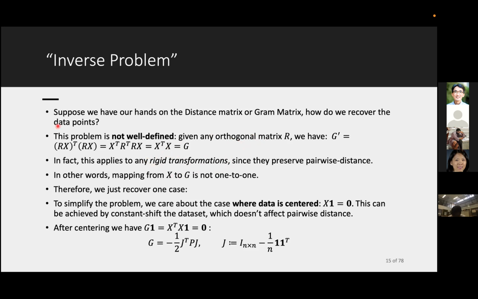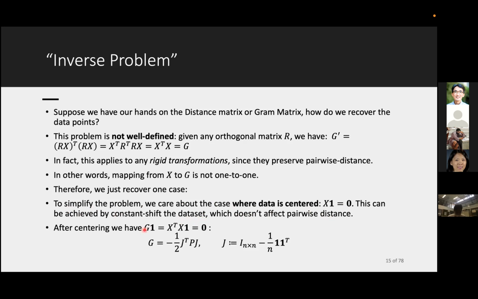And in this problem setting, to simplify the problem, we care about the case where data is centered, which is basically, if you sum up all the elements or the data points, you get 0. This assumption is actually not arbitrary, because you can achieve this by a constant shift of your data set, and it doesn't affect your pairwise distance.